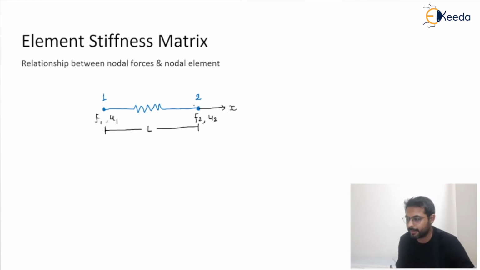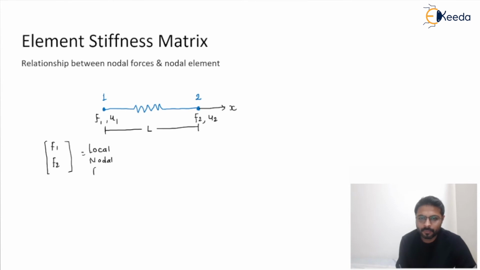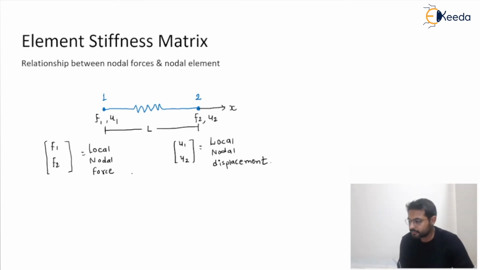So once again, F1 and F2 are the local nodal forces, and u1 and u2 are the local nodal displacements. Now we want to establish a relation between these things.